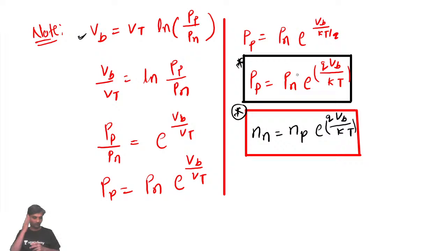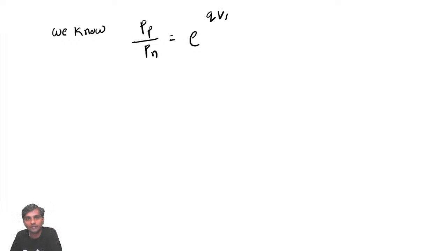So one important thing from these two, can I write it here? New page I'll write. So we know that Pp by Pn is equal to e power Q Vb by KT. At the same time, Nn by Np is equal to e power Q Vb by KT.